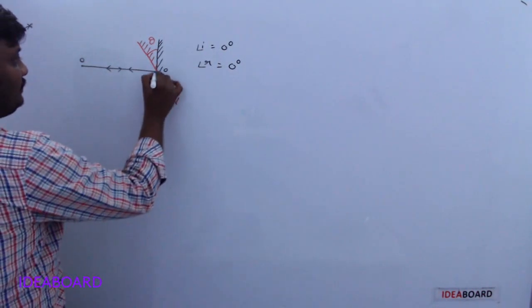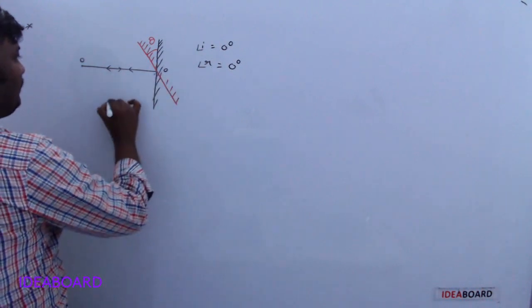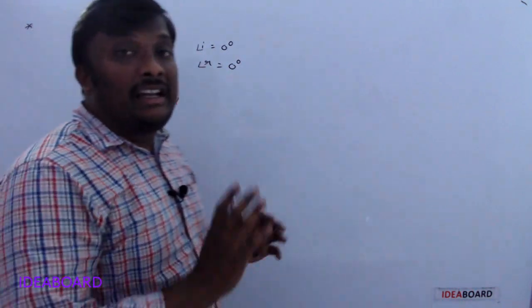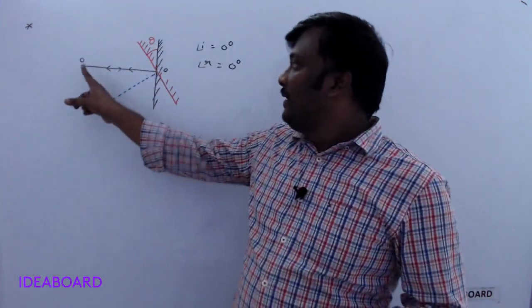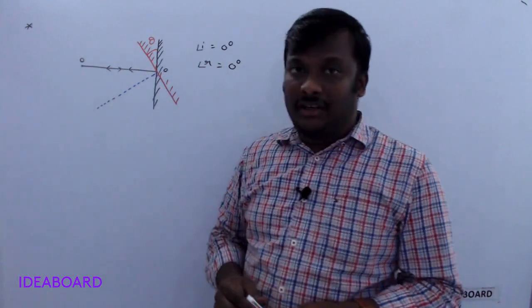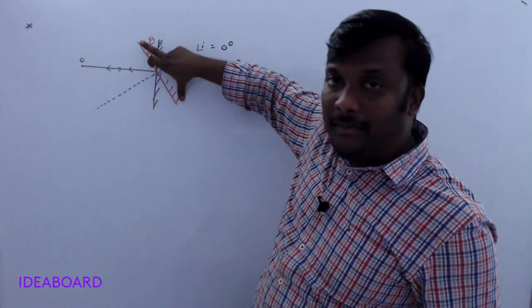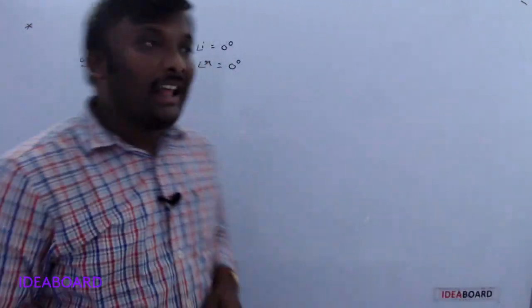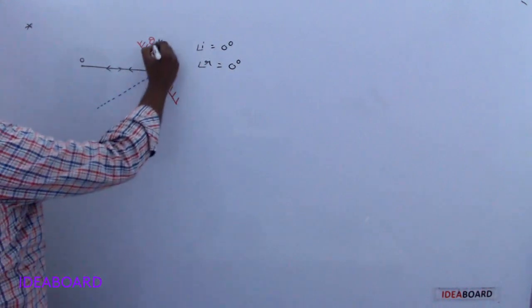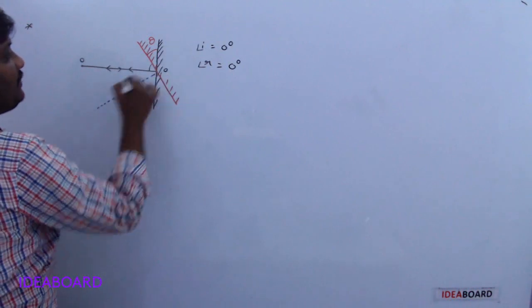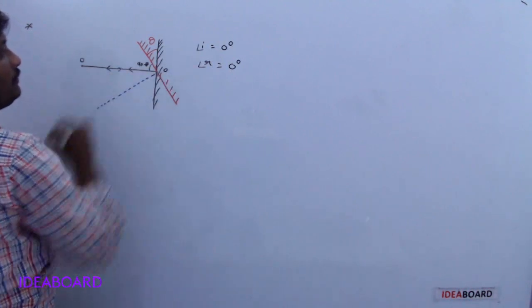Listen carefully. For this mirror, this is the normal. Without changing the direction of the incident ray, if you rotate the plane mirror by an angle theta, then what happens? If it is theta, the angle between these two is 90, so this angle becomes 90 minus theta.